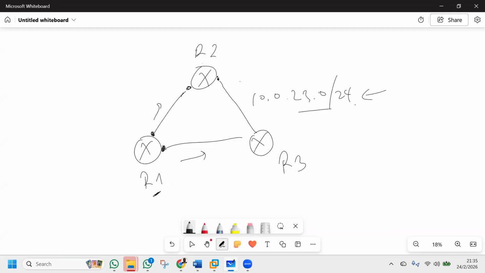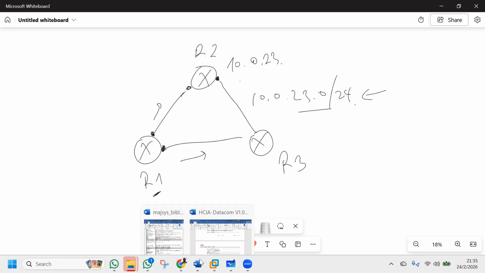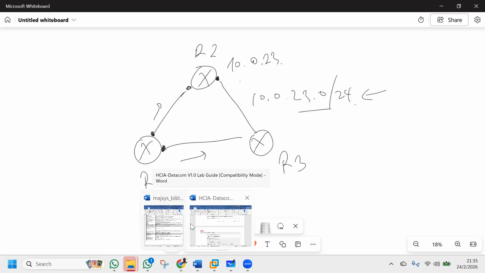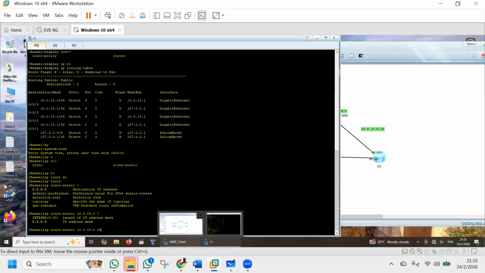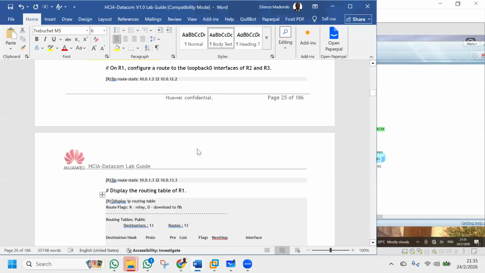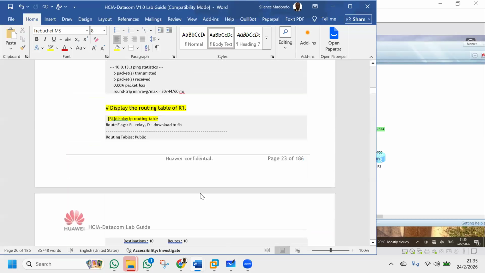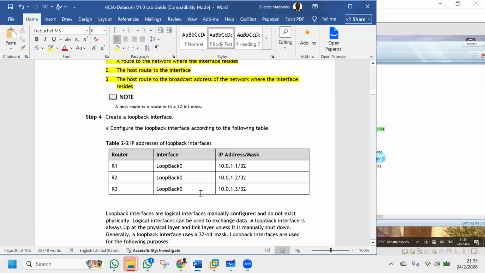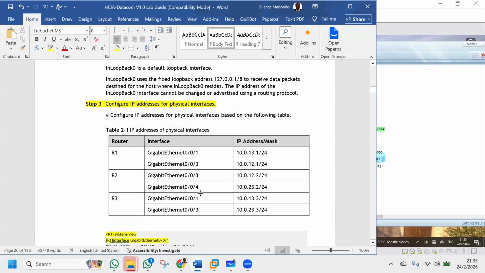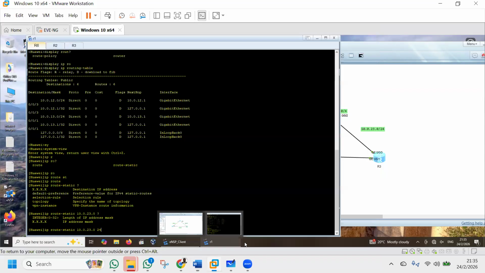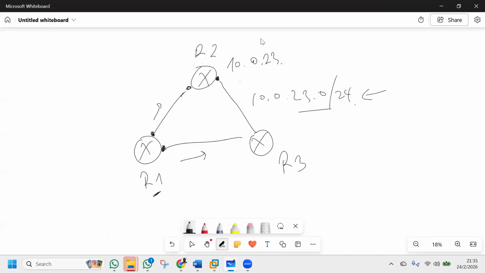But if I want to get to this interface, for example, router number 2 interface 004, the address is .2. So the IP address is like this.